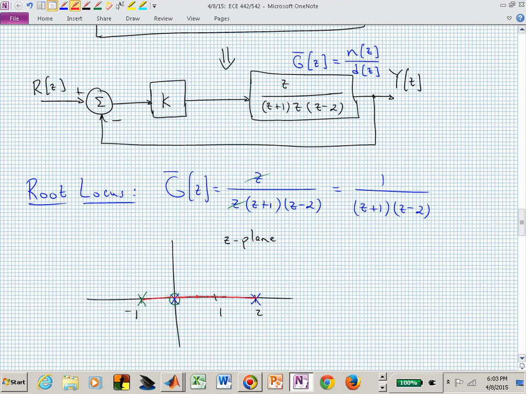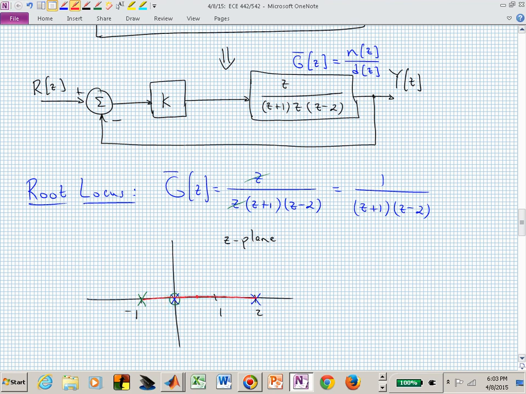If I am at 3, and I look to my right, are there an odd number of finite poles and zeros? No. What if I go to 1, or the origin, and I look to my right? Is there an odd number of poles and zeros to my right? Yes, so that segment belongs on the root locus.